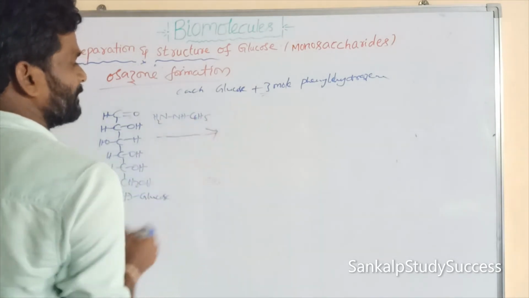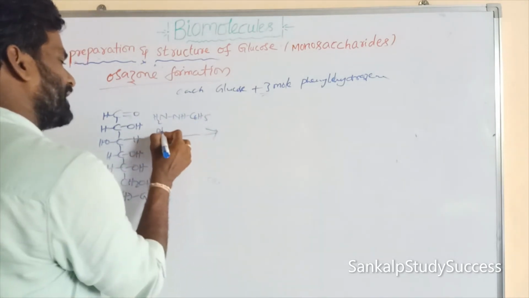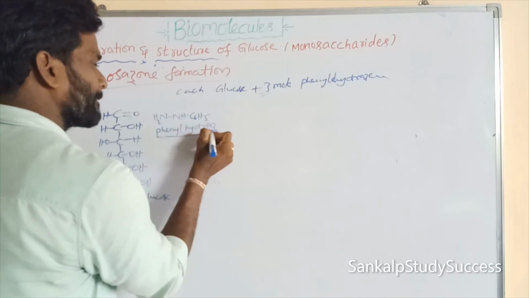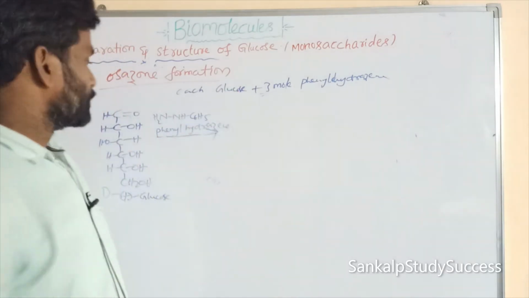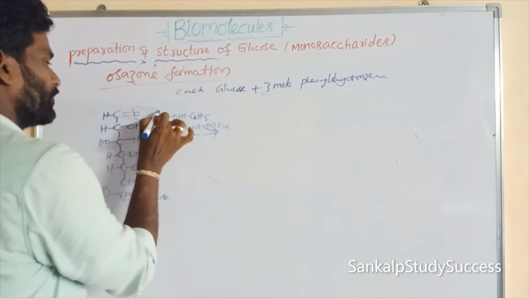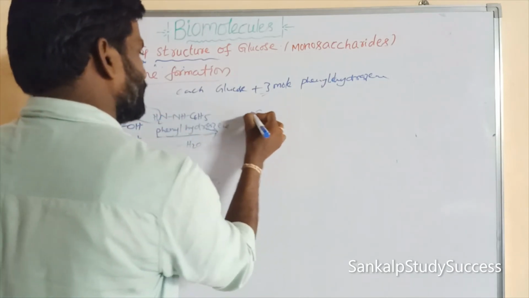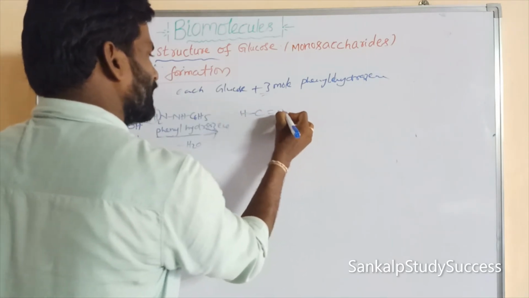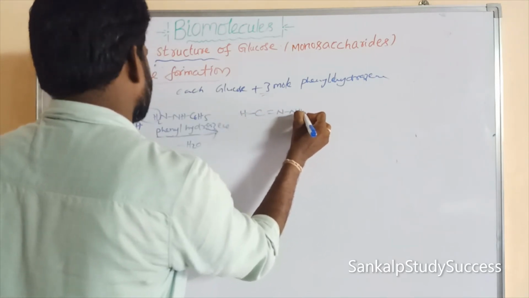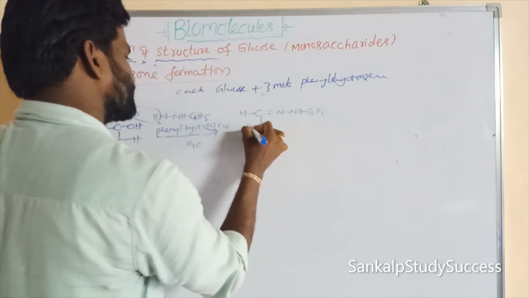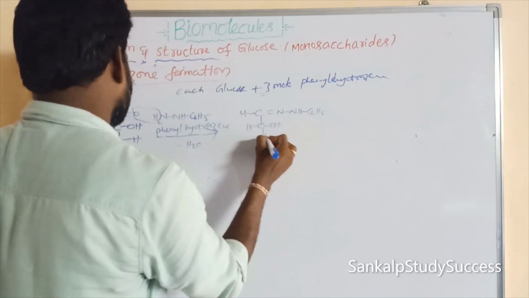This is phenylhydrazine, right? By losing a water molecule, H2O, we get CH=N-NH-C6H5, with the remaining molecule as it is.